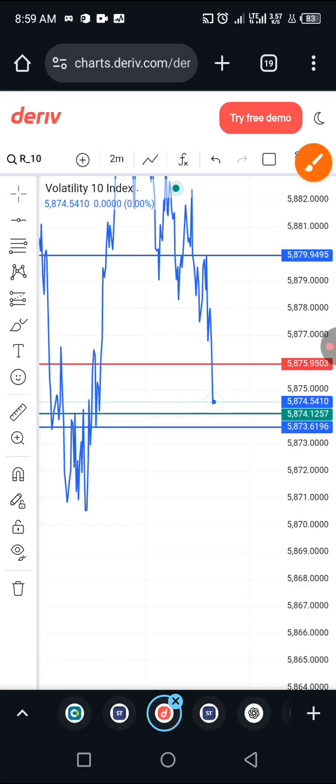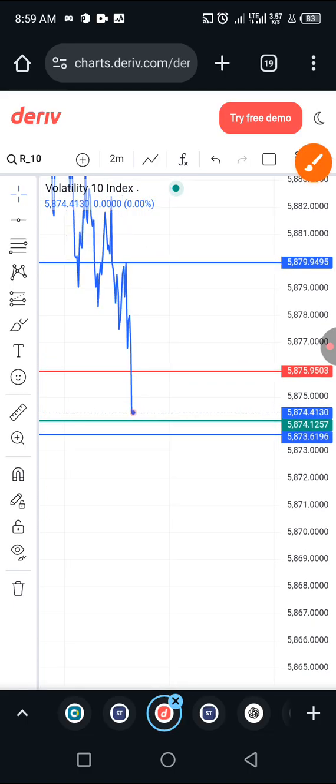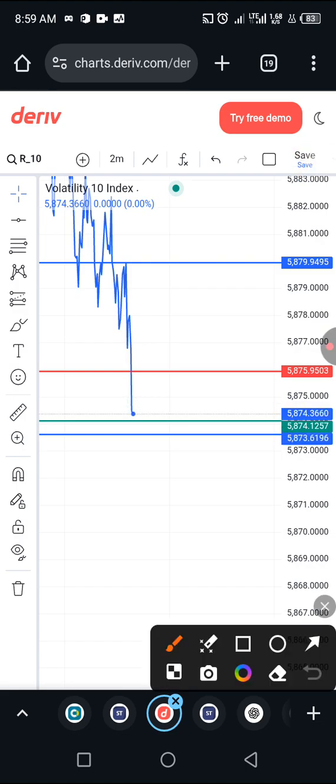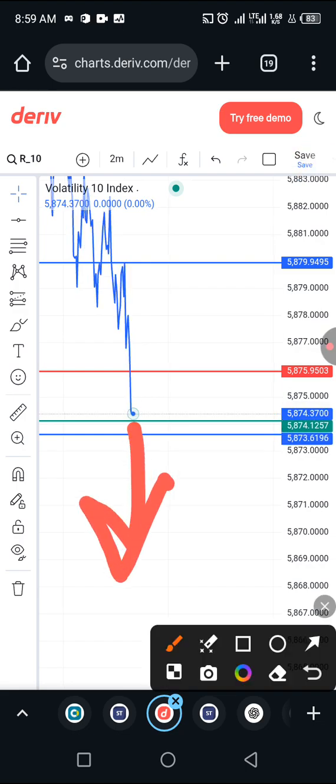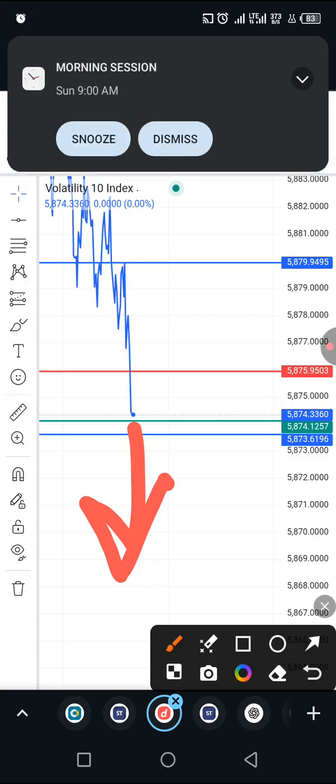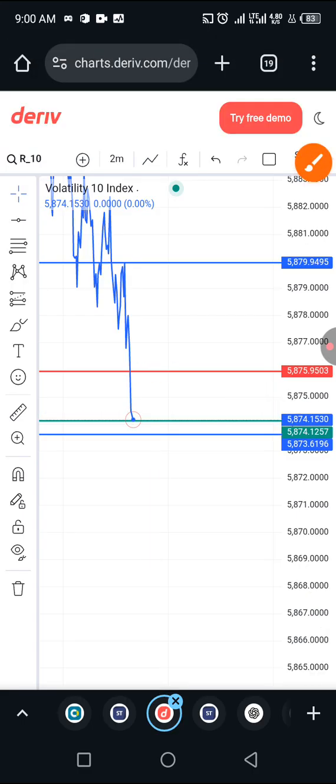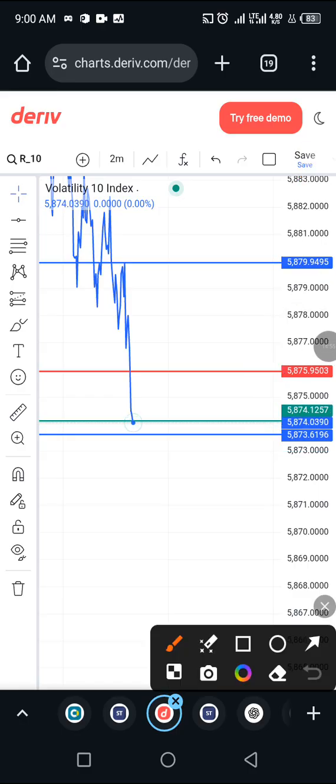So this particular section has not been mitigated yet also, so we believe this is going to be a massive push to the downside within that 2 minutes, or it will never get to this place. Alright, so this is going to be our last trade, and of course we have that mindset that it's going to be a winning trade, because it was carefully entered and this zone has not been mitigated yet.